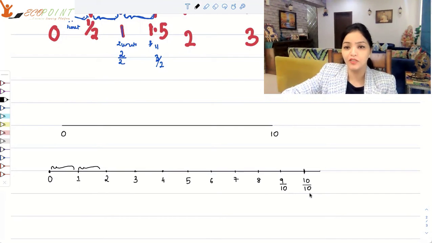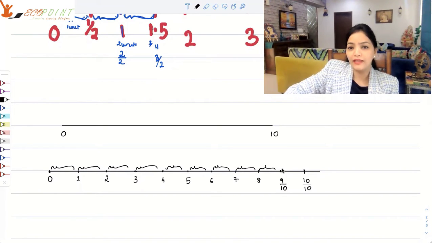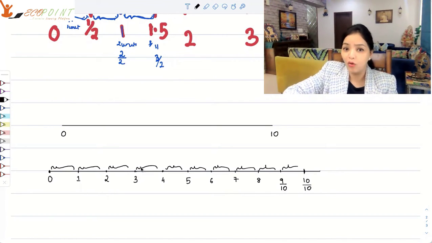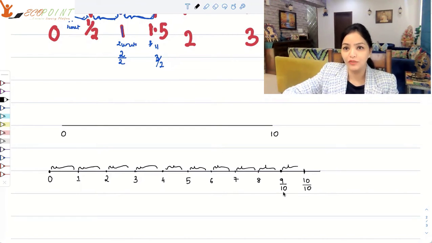That means I have segmented this line in 10 equal parts, and this is 10 by 10, all 10 parts by 10. That is, this entire thing is 1. And this point is showcasing 9 parts out of 10. That means we have moved from the first position, 9 positions out of total 10 positions.